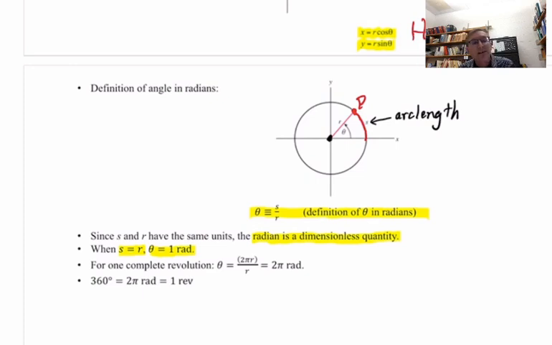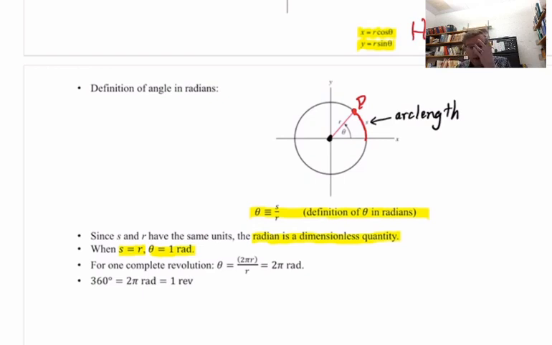I will do that down below in just a minute, so that we can see how big 1 radian is. You probably already have an intuitive feel for how big 1 degree is, because we know that 1 degree is 1/360th of a complete revolution of the circle. But you may not have an intuitive feel for how big the angle of 1 radian is. So let's come back to that.